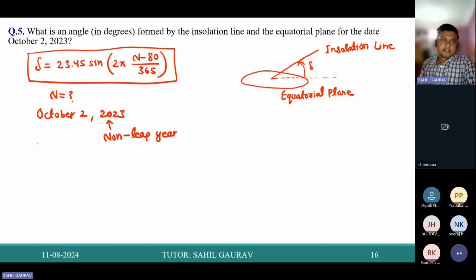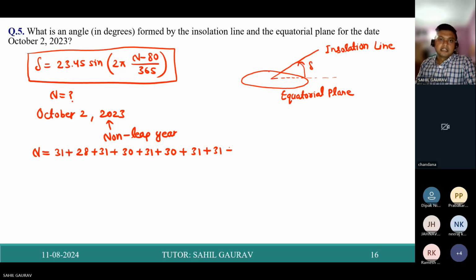Therefore, you can find the n value. You can start from the starting, and you can also start from the end. If you go from the starting, in January 31 days, in February 28 days, and in March 31, April 30, May 31, June 30, July 31, August 31, then September 30, and in October 2.